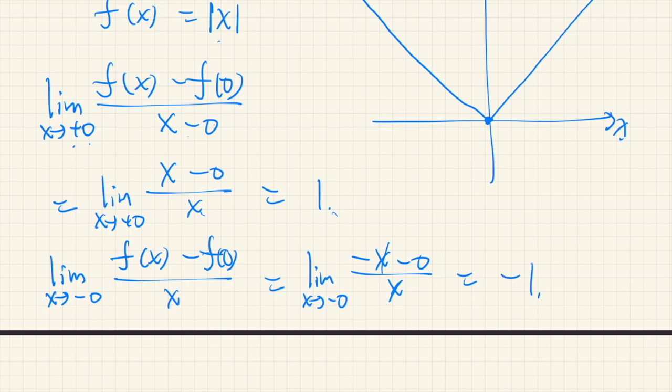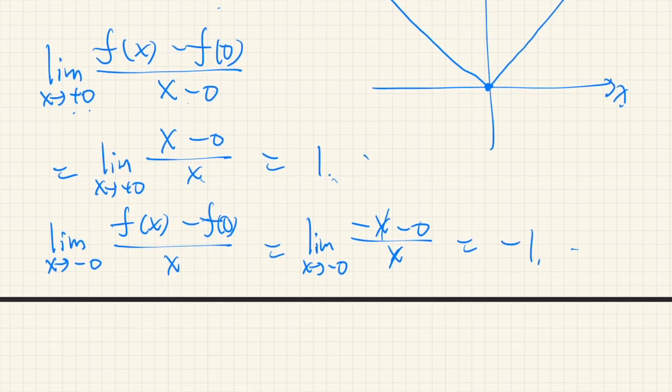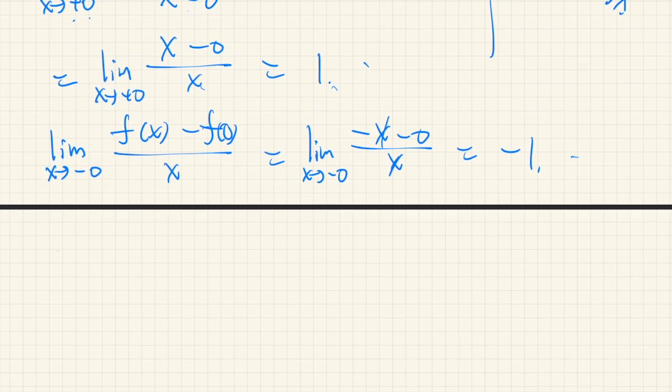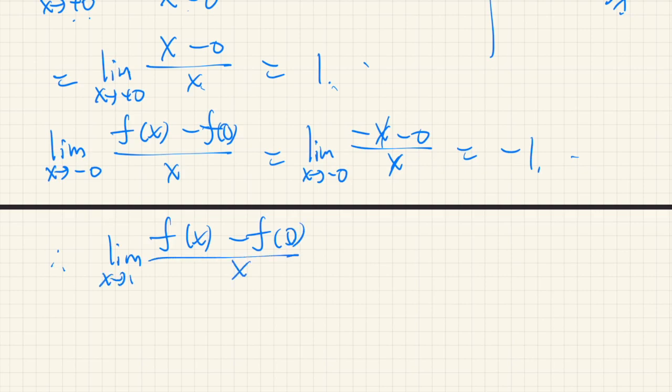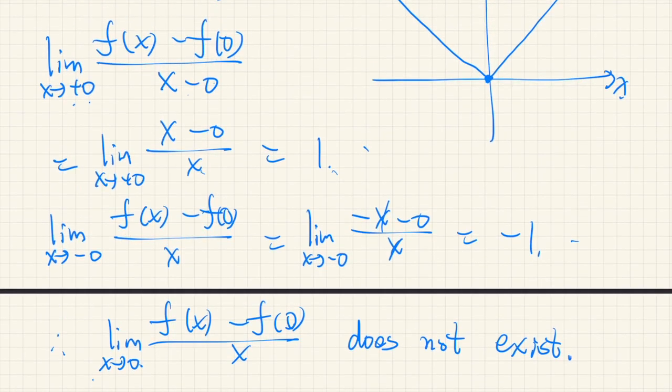So the right limit and the left limit do not match. That means the limit of f of x minus f of 0 over x as x goes to 0, okay, so this is the limit, not right or left limit, it's just a limit, does not exist. Therefore, it's not differentiable at x equal to 0.